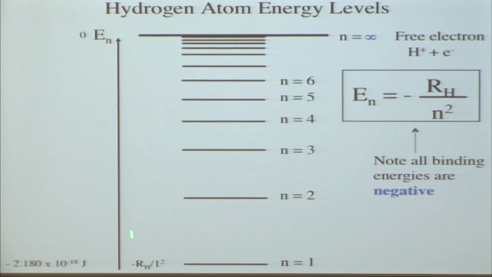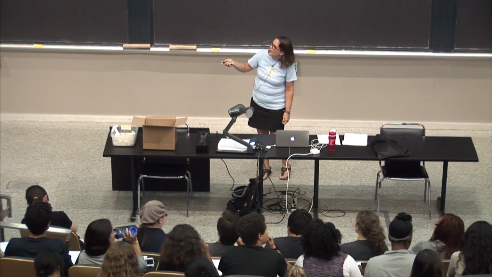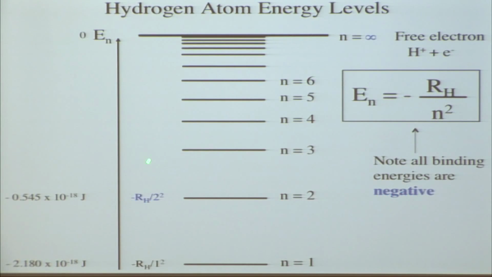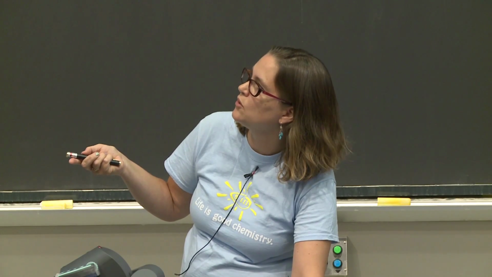In between n equals 1 and n equals infinity, we can use this equation for the hydrogen atom to figure out what these energy levels are. When we have the n equals 2 state, it would be minus R_H over 2 squared, or 4, and we can calculate that number: minus 0.545 times 10 to the minus 18th joules.